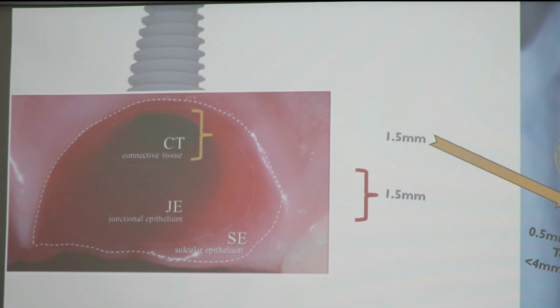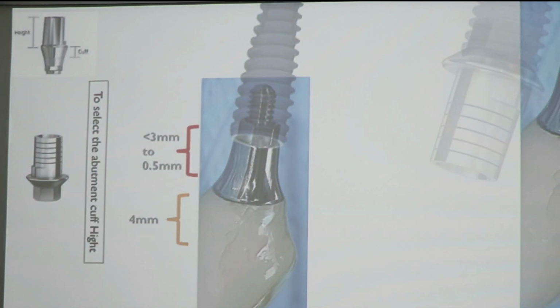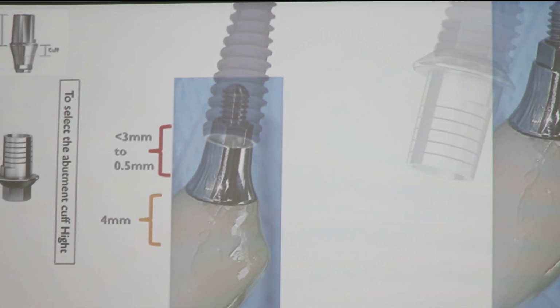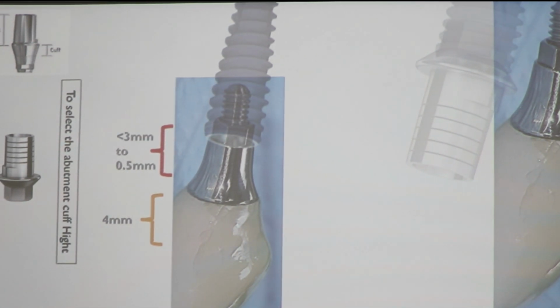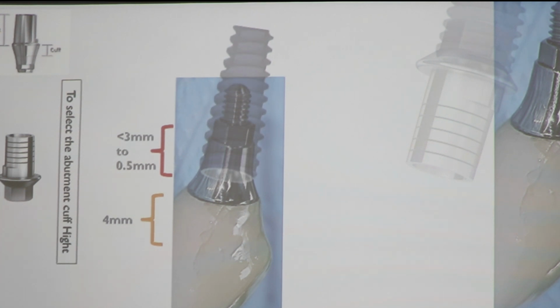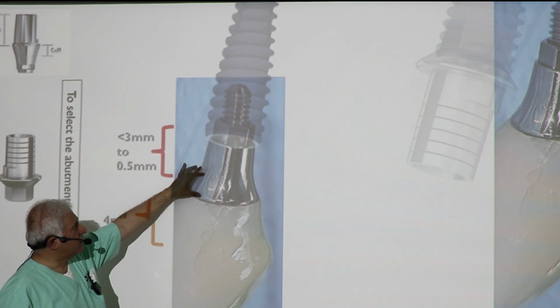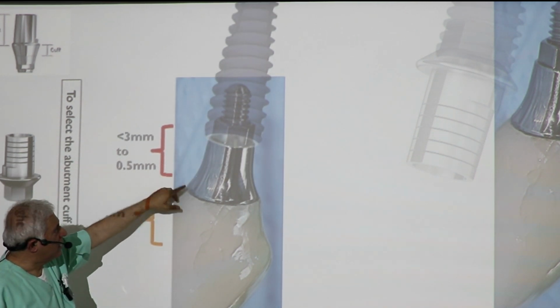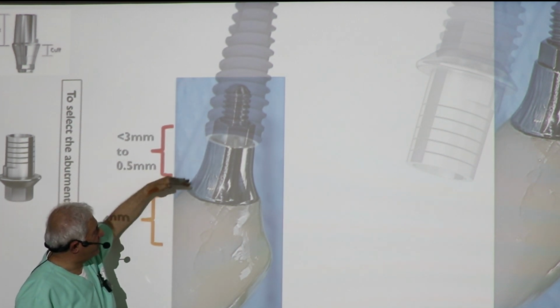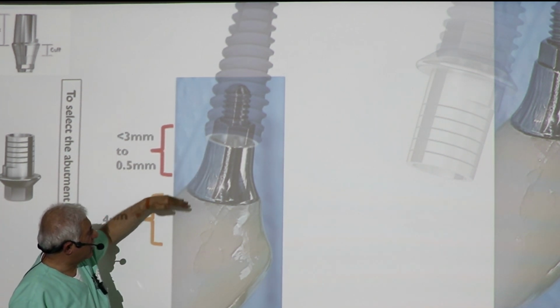Now I have very nice slides to make this more practical for you. Now, what is this? To select the abutment cuff height, we are dependent on the implant depth. So if the implant is less deep versus deeper, it depends on the bone, of course, not the gum.